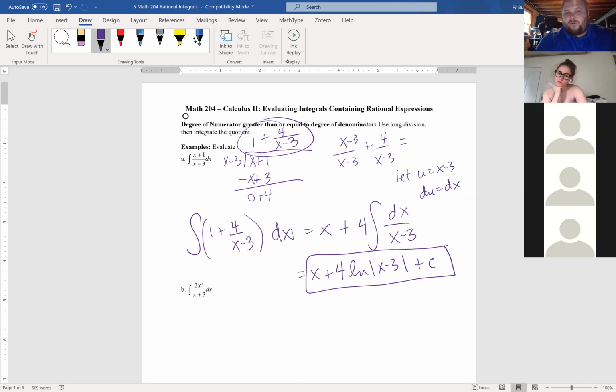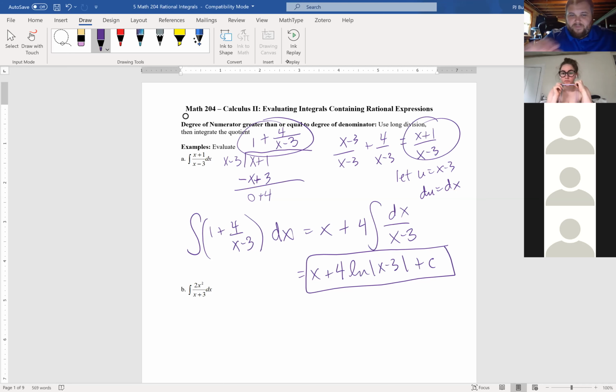And then you would add the numerators. So x minus 3 plus 4 gives you back x plus 1, which is what I started with. So that is the correct way to rewrite that fraction. And this is called a partial fraction decomposition.